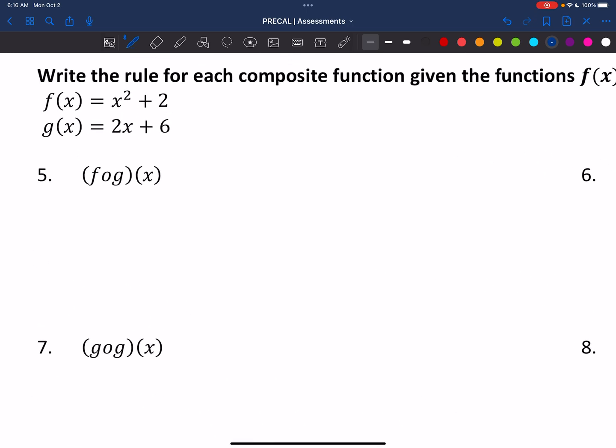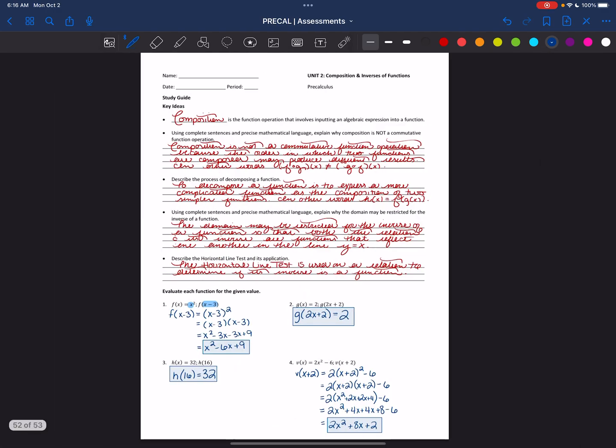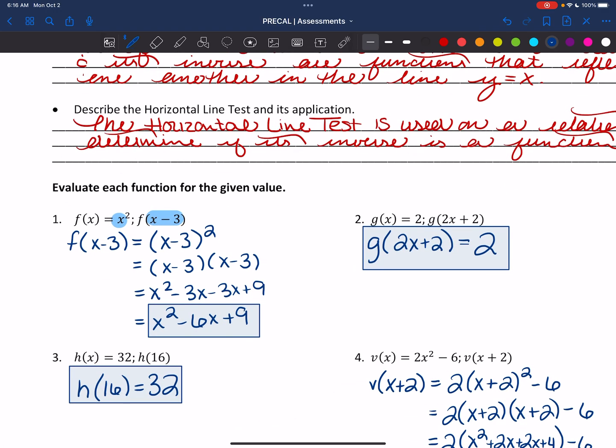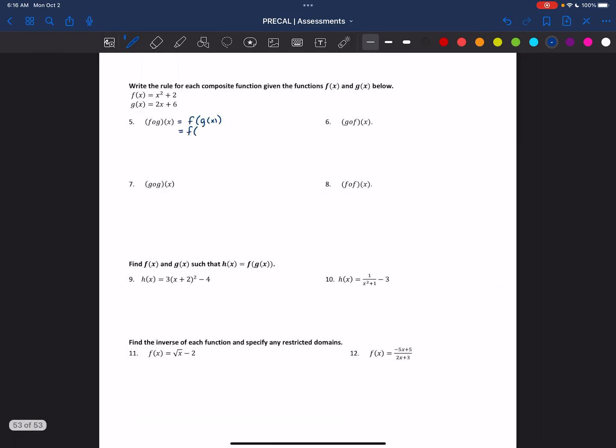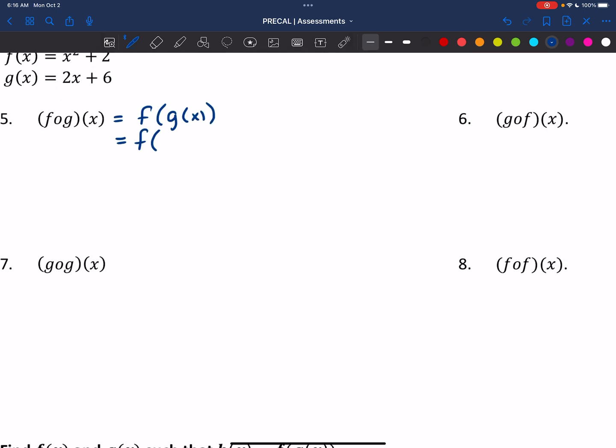We want to begin by finding f of g of x. So g is going to go inside of my f function. I'm really just, like we were doing back over here, evaluating a function for not a number value, but an expression.